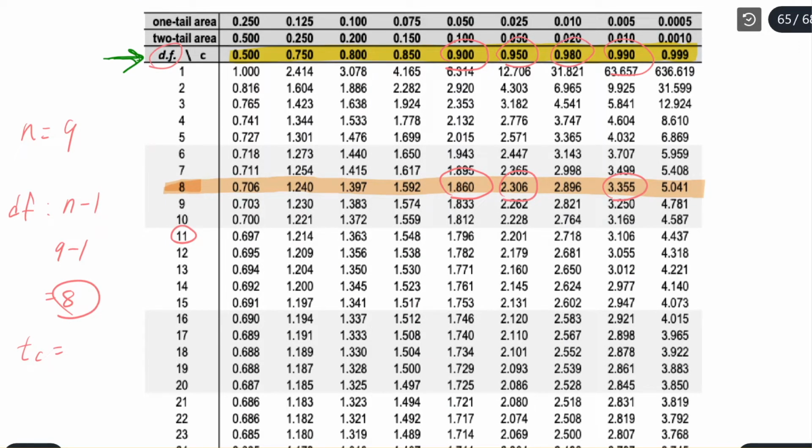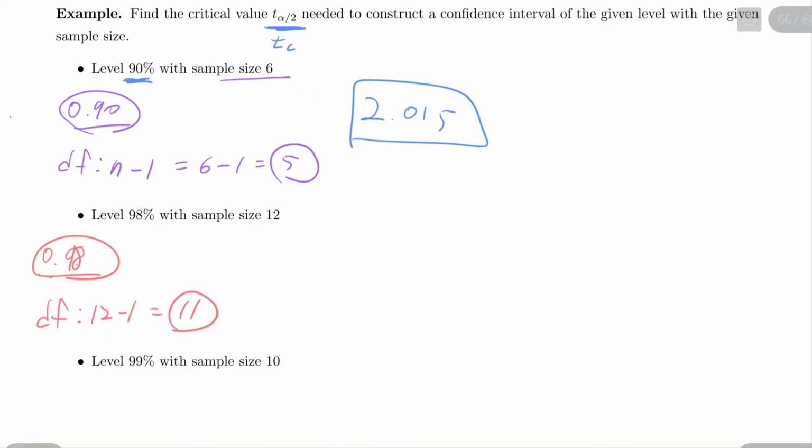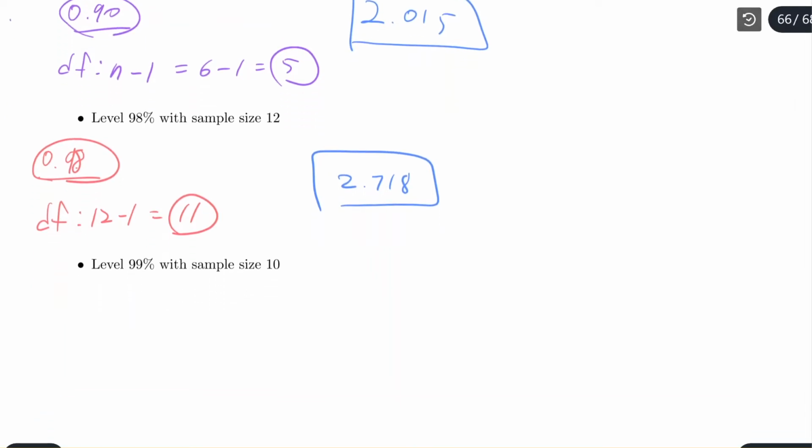Let me highlight it with blue. So this one right here is the critical value for this problem, 2.718. Why don't you pause this video and try the next one on your own?